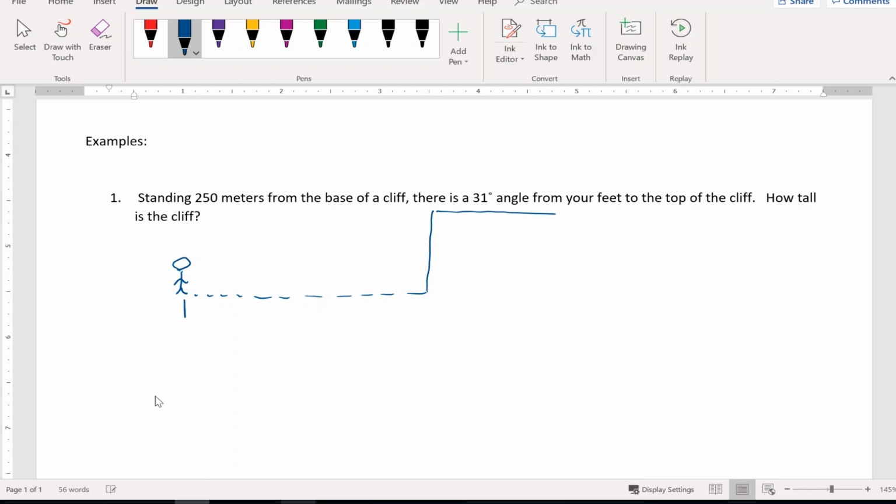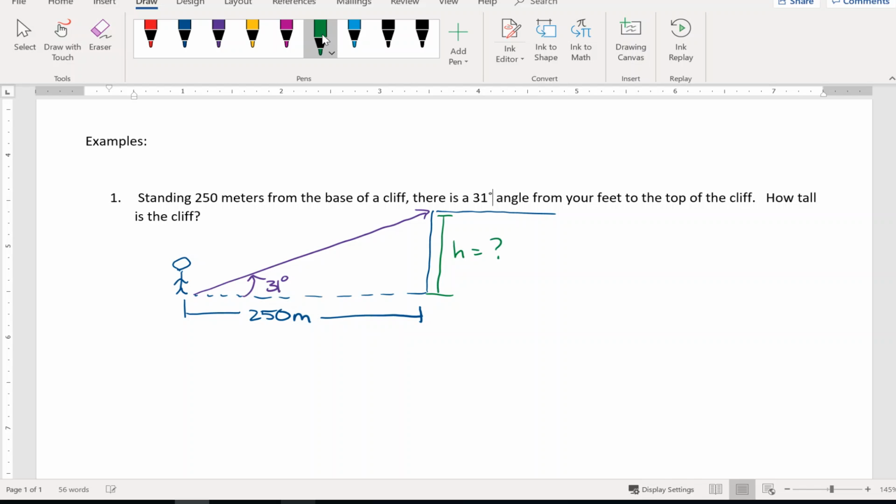So we're told that this distance here is 250 meters. And we're also told if we draw a line from our feet to the top of the cliff here, this angle is 31 degrees. And we want to know what this height is here.